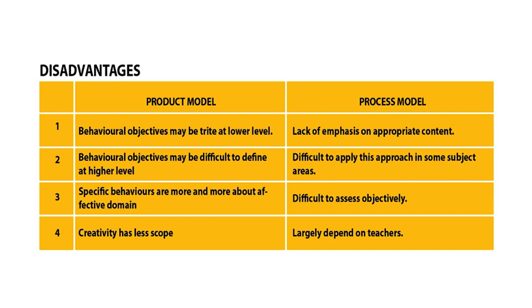And the next one, specific behaviors are more about the affective domain, but it is difficult to assess the learning process. Since it is process oriented, teachers will find more difficulty in assessing the learning experiences of the learners. These are all the differences between the product as well as the process approach.